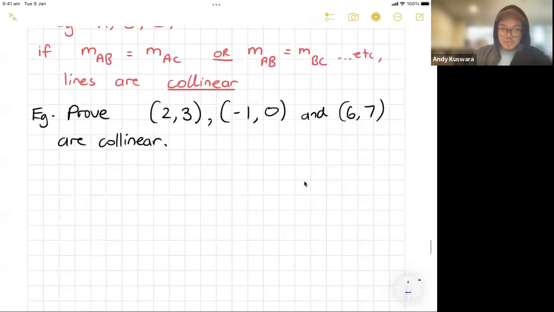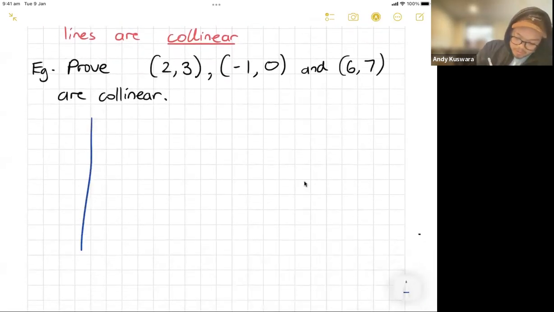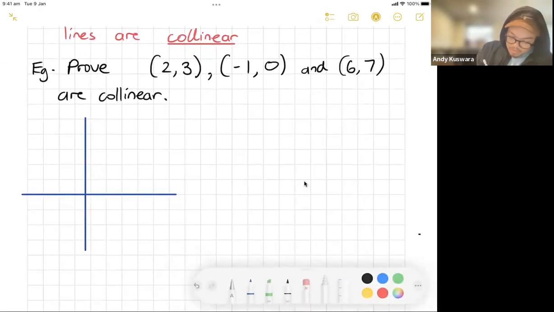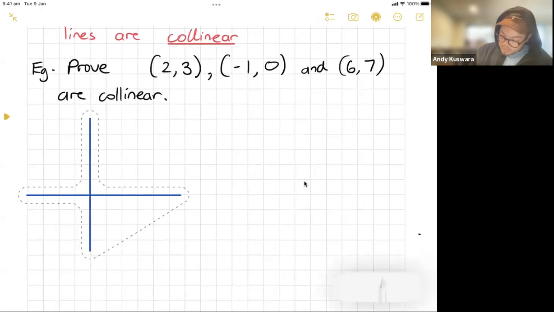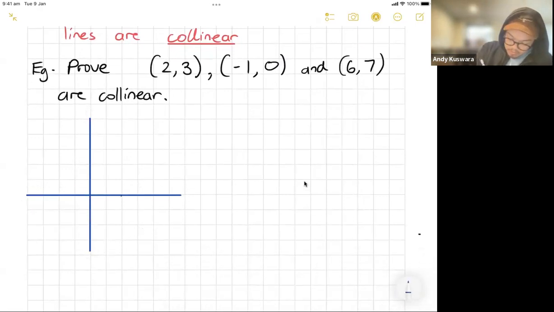I'll give you an example. Let's prove that (2, 3), (-1, 0), and (6, 7) are collinear. I'm going to start off by giving myself a rough idea of where everything is. So let's say that's (2, 3), that's (-1, 0), and that's (6, 7).